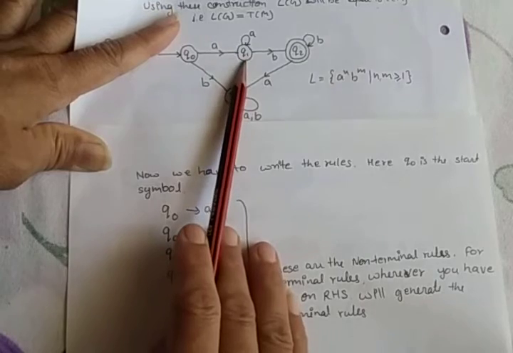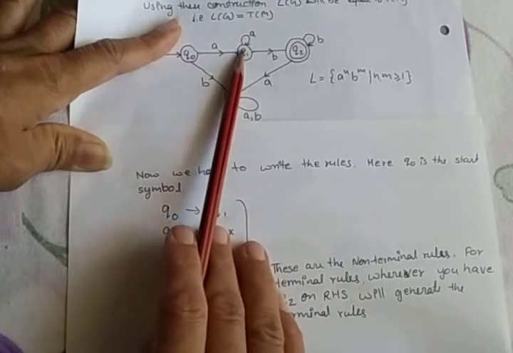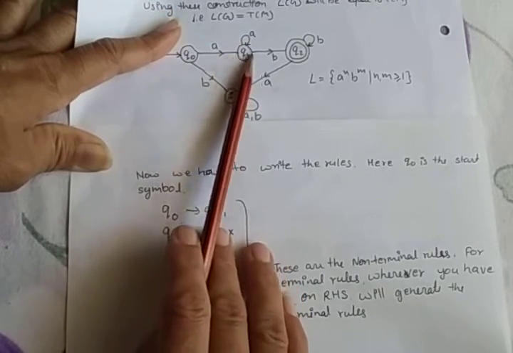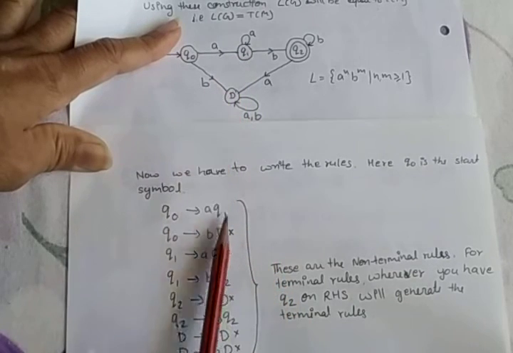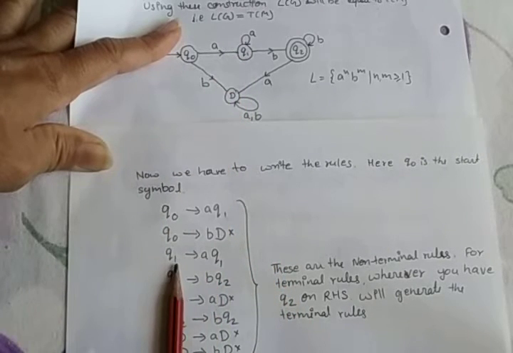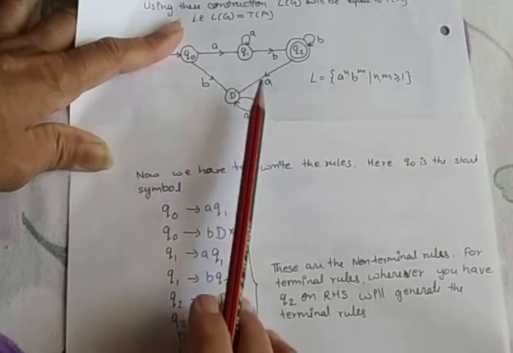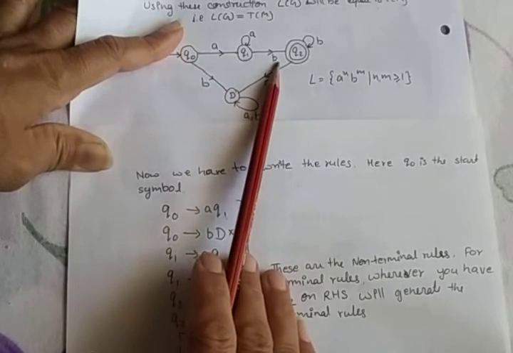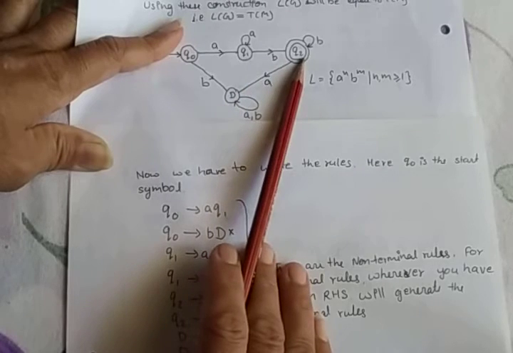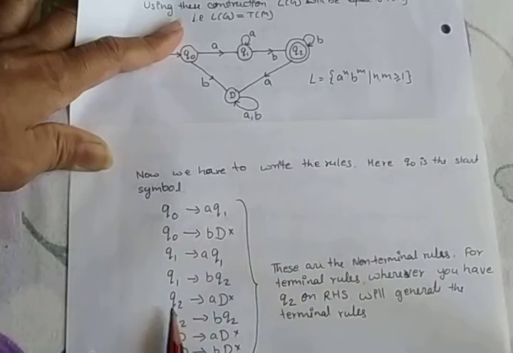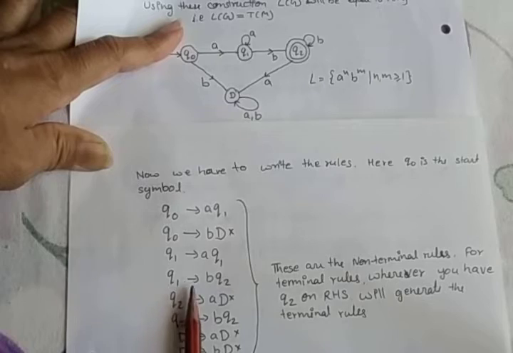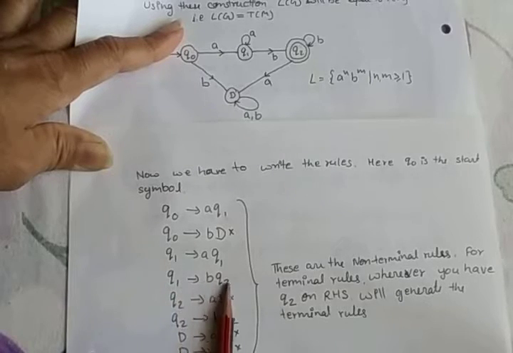Next, at Q1, we read symbol A and remain at the same state. So the third rule will be Q1 tends to A Q1. Similarly, at Q1, we read symbol B and go to final state Q2. So Q1 tends to B Q2.